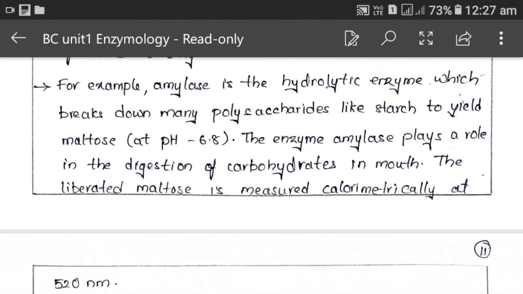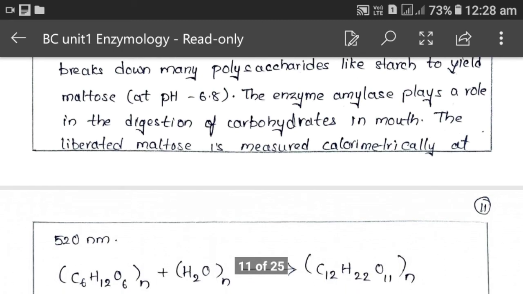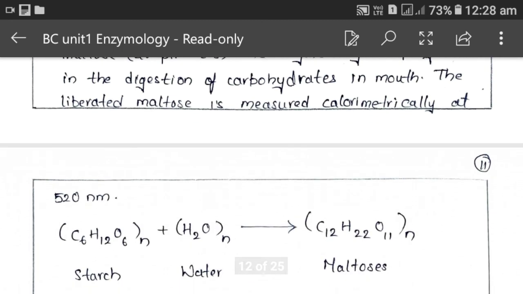Like this we can prepare solutions of different concentrations, and also use one control blank. After completion of the reaction, we take ODs, that is optical density. We take OD values in a colorimeter at 520 nanometers, plot these OD values on a graph, and develop a graph for this assay of amylase.